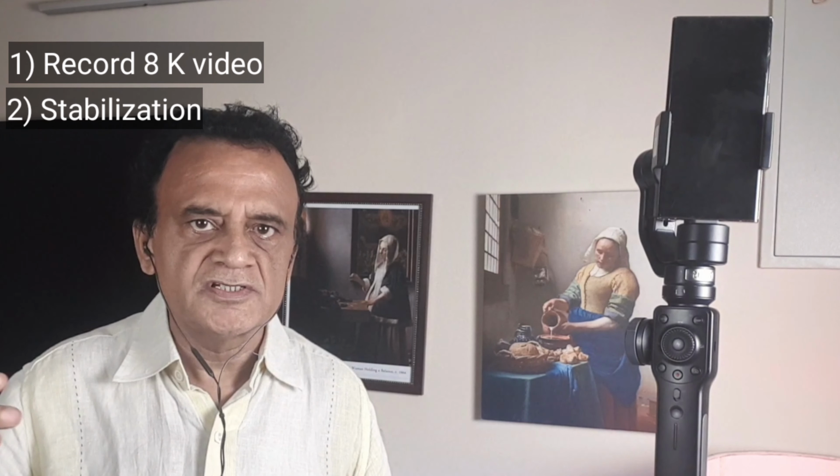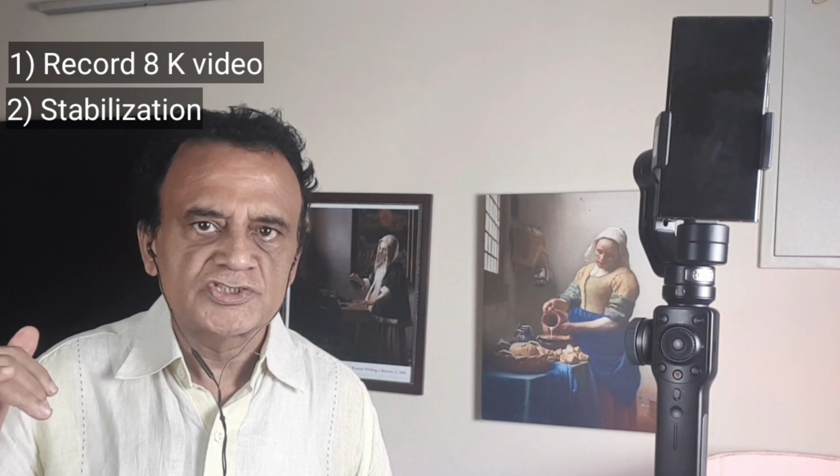So first of all, let's spell out what you want to achieve. You want to record 8K footage. You want stabilization. You could do that in the phone itself, but the stabilization provided by a gimbal far exceeds anything else.